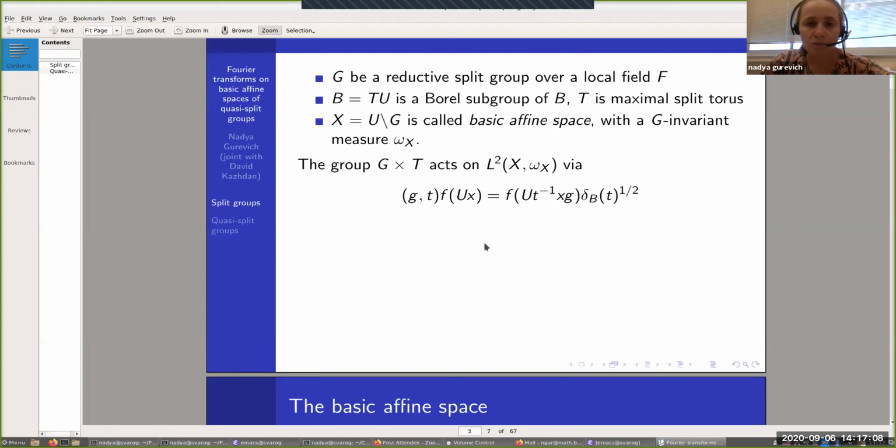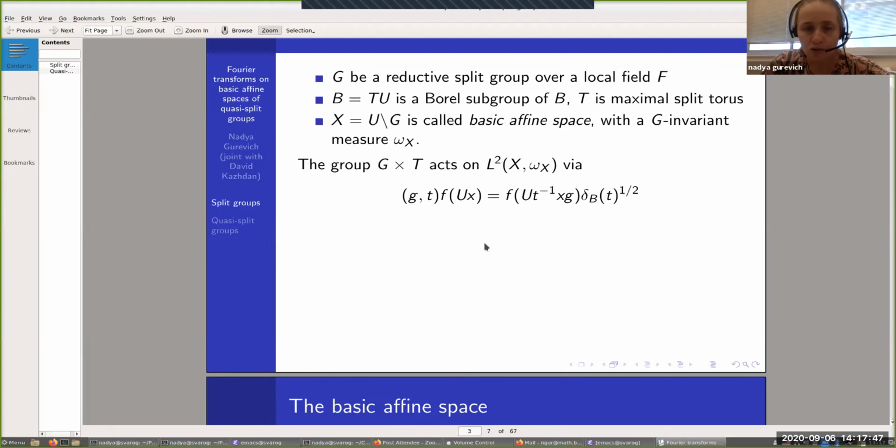The group G, together with its torus, acts naturally on the space X. G acts geometrically, and T acts on the left because it normalizes U, and hence the action gives rise to an action on the Hilbert space L2 of X of square integrable functions with respect to this fixed measure, which I will omit from now on.